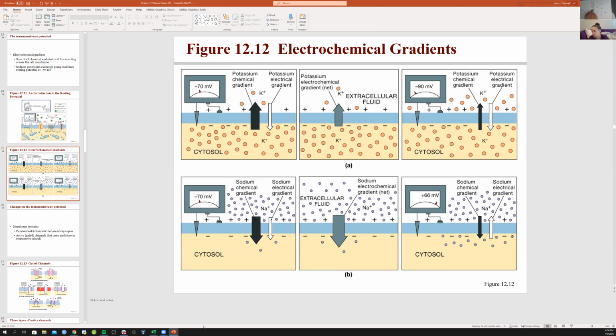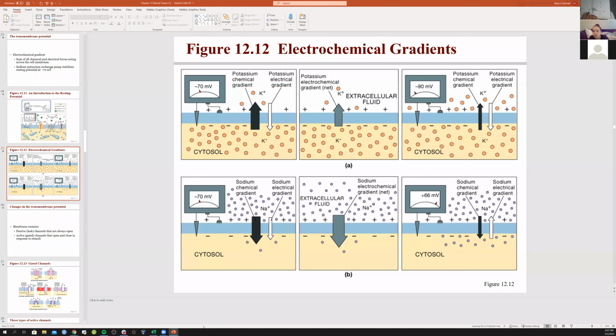However, if you open channels, let's say that there is a channel here that is usually closed, there's a little door here. But if you open this door, now the positive charges can make it into the interior. They're going to go, again, with the gradient, they're going to enter the cell. So they're going to enter until they reach a balance, right?